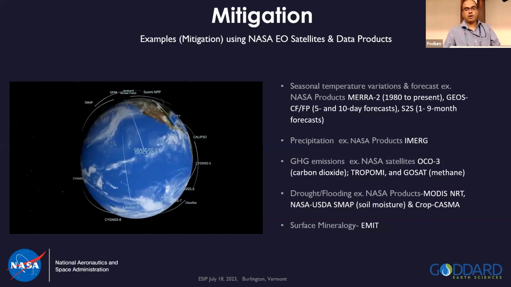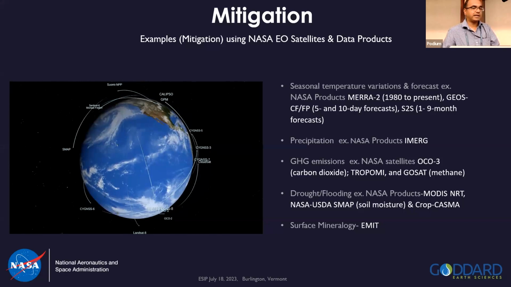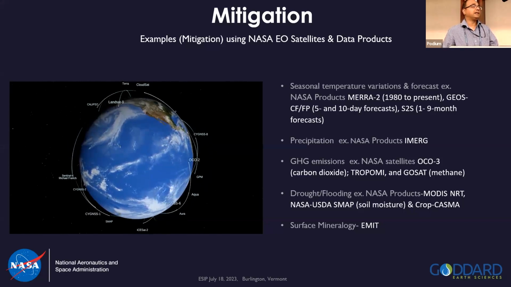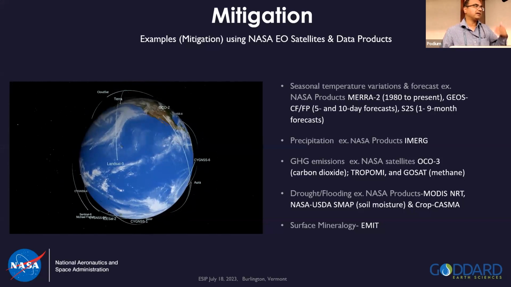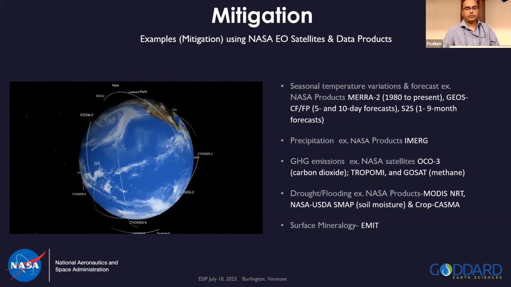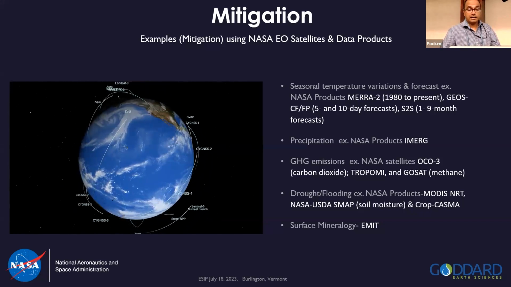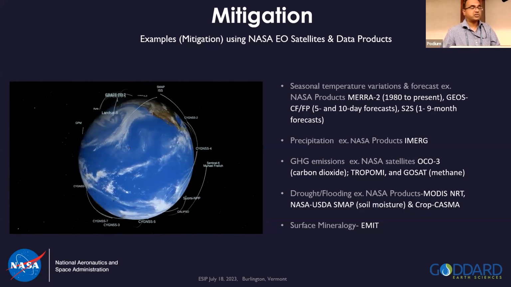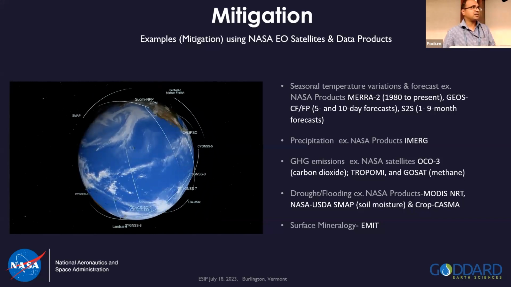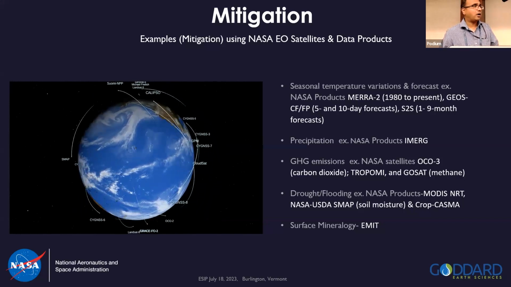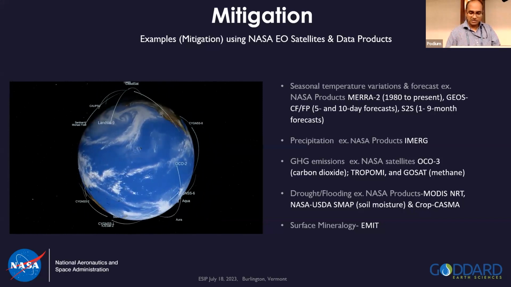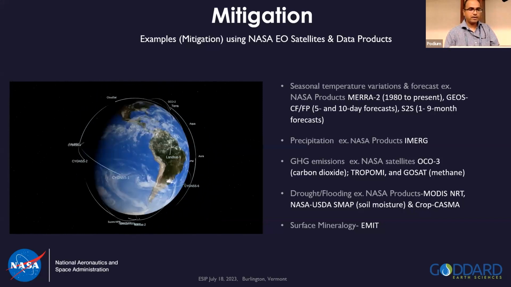Drought and flooding products, which is MODIS, near real-time. They have the soil moisture and analytics crop CASMA, which is a downstream product that can also be used. Included is also the surface mineralogy related EMIT product. So these are just a flavor or example of how data specific to mitigation can be used.